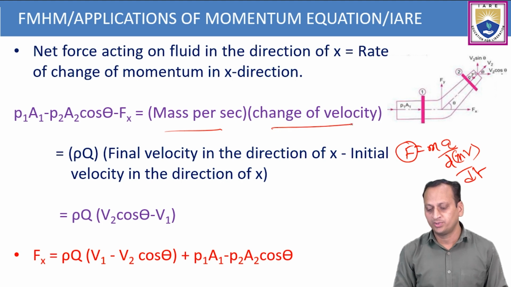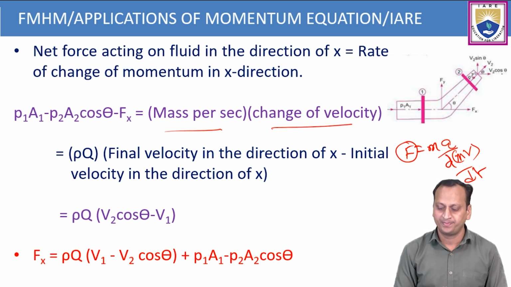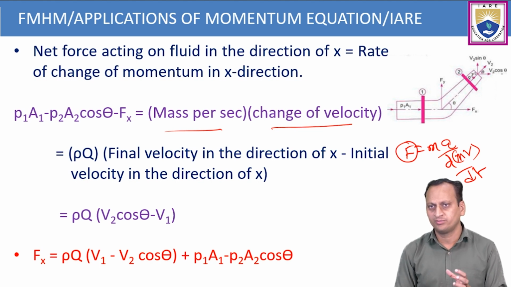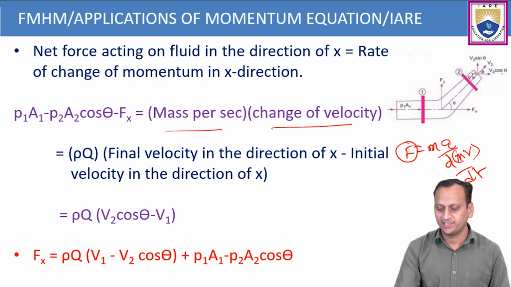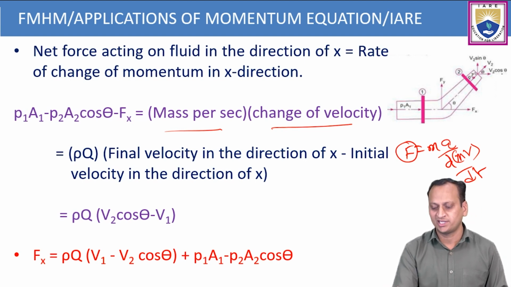Now we have to apply the rate of change of momentum and the net force acting. The momentum equation can be applied about the x direction on a pipe bend on a particular control volume. After applying it to the different sections, we will get the particular equation. At section 1, what is the net force acting about the x direction?